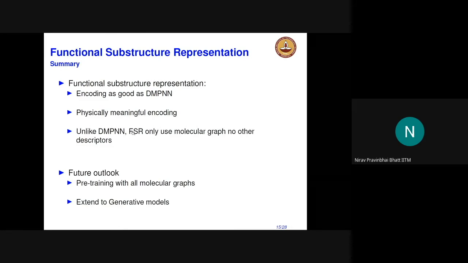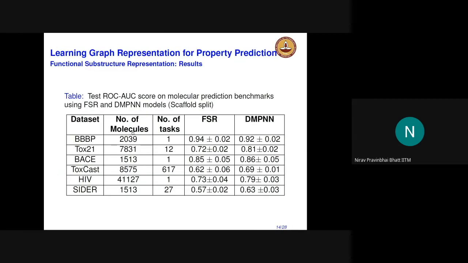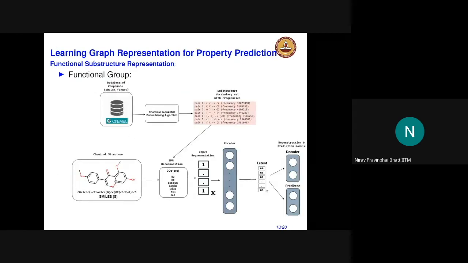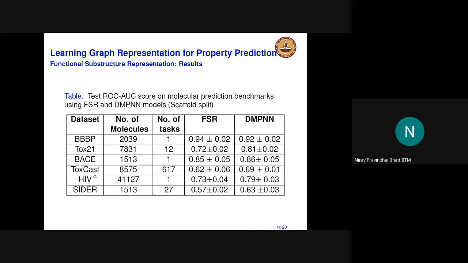In FSR, we are not using any of that. We are just using a simple molecule as an input. We are not characterizing what this particular CO is, or what its property is. We are not doing anything. It's a very simple approach. And you can see that even using less structure information, it sometimes behaves better and often behaves as well as the DMPNN.